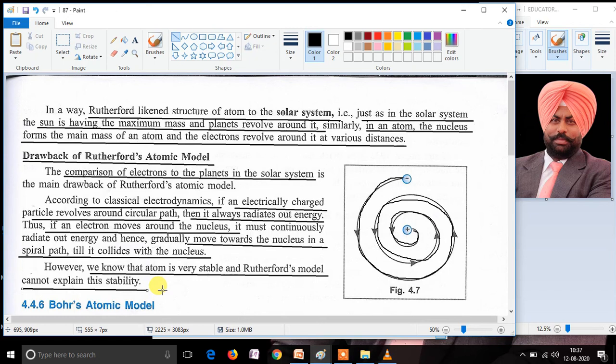So he was not able to explain the stability of his atom, and thus his experiment was discarded by his fellow scientists. That's all for this video.